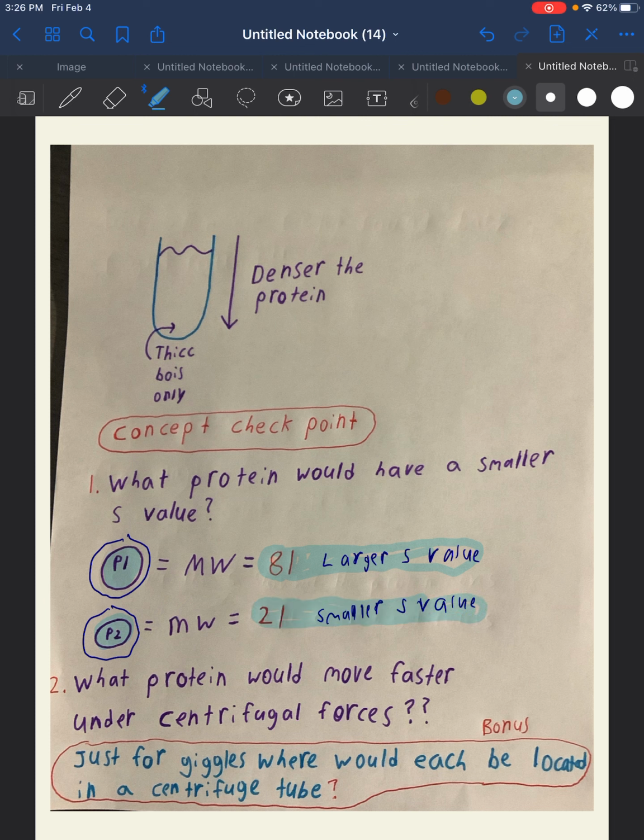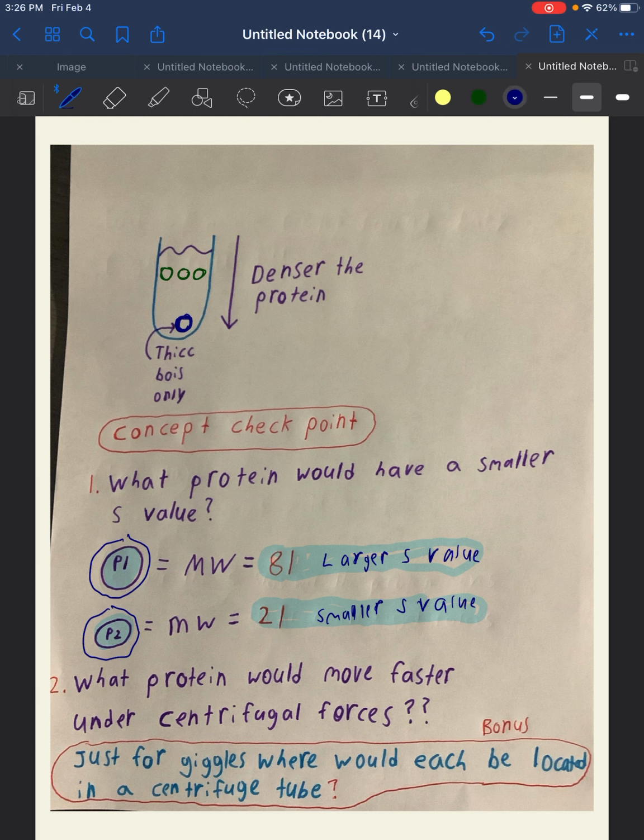So, I hope you understand that concept. Now then, just for fun, once again, where would it be located in the tube after we were done applying centrifugal force? Well, this molecular weight of 81, these large, thick boys, would be towards the bottom here. And these less thick boys, well, these smaller boys, the 21 molecular weight proteins, would be more towards the top.